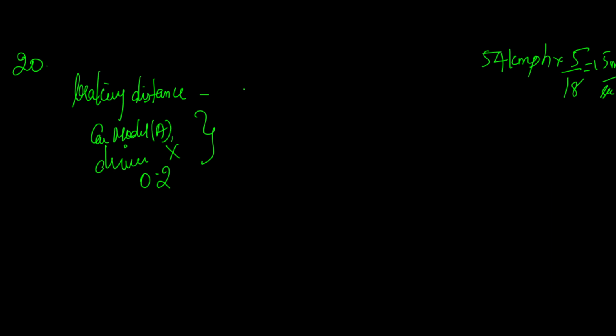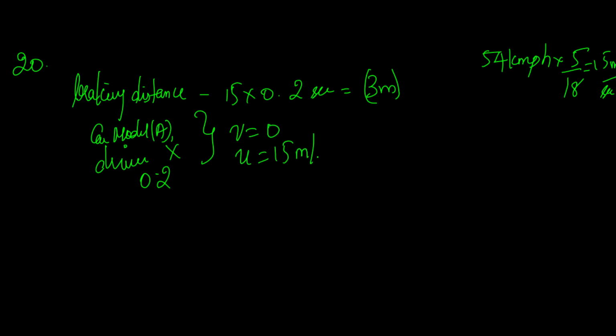So the distance for the reaction time is 15 meter per second into 0.2 seconds, which is 3 meters they have traveled already. After applying the brakes, it takes some time, with deceleration 6 meter per second square. So V, the velocity at the end, is 0, and U is 15 meter per second.